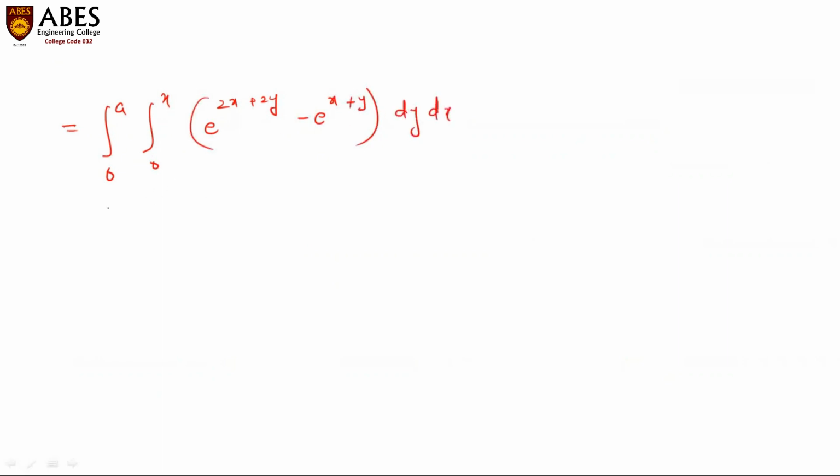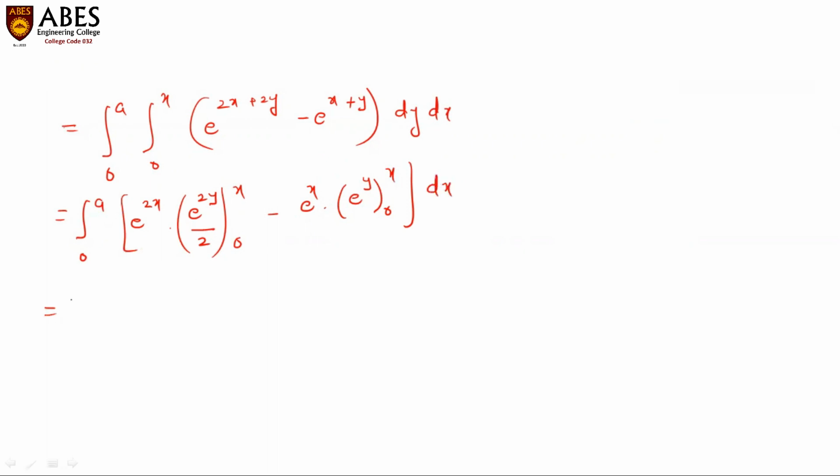Now we will integrate with respect to y, treating x as constant. So we know that integration of e to the power 2y is e to the power 2y by 2, and the limit is 0 to x. And we know that integration of e to the power y is e to the power y, limit is 0 to x.